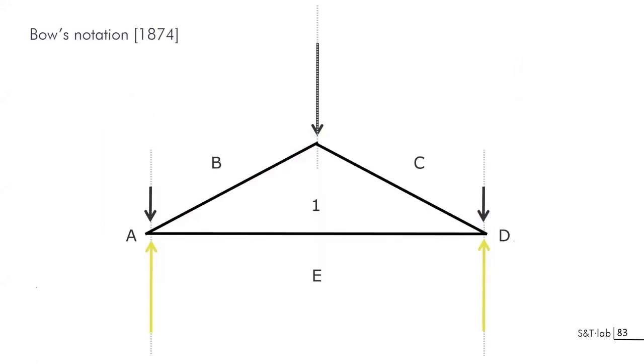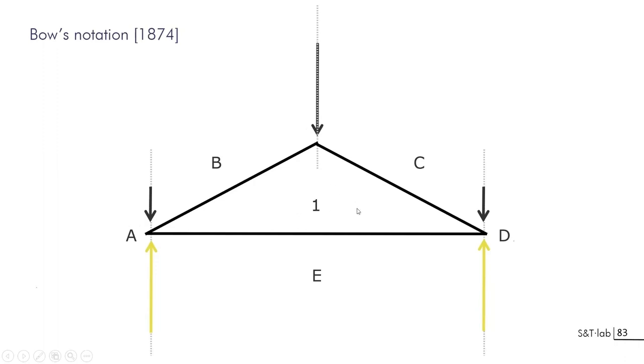We'll be using the Bow notation, introduced in 1874, in which you just write a capital letter in between each of the forces that apply to the system. As soon as this is done, each force will be named from the capital letters on both sides. So this will be the vector named AB, going on the force polygon from A to B. And the next will be the vector going from B to C, and so on.